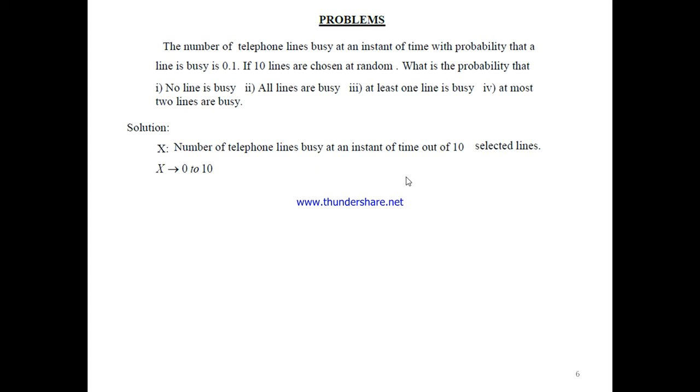Then our random variable x takes the values 0 to 10, and the values are discrete values, that is 0, 1, 2, 3 and so on up to 10. Our probability of success, that is small p, in this case is the probability that a line is busy, and from the given data the value for p is 0.1.